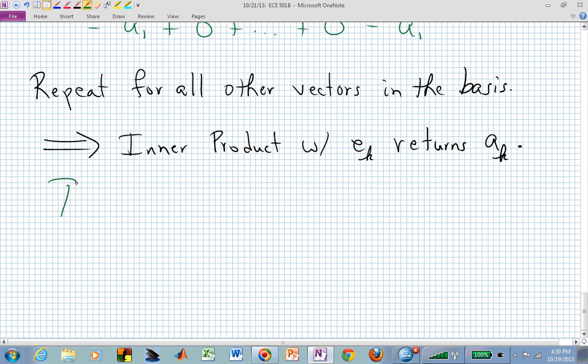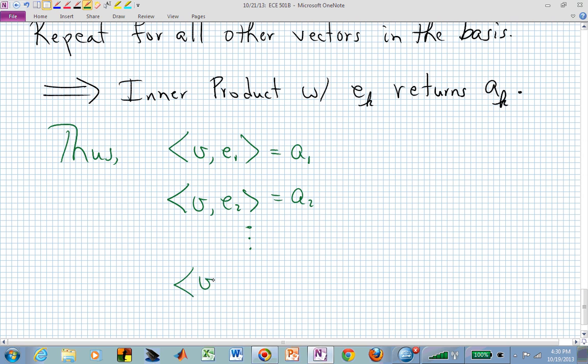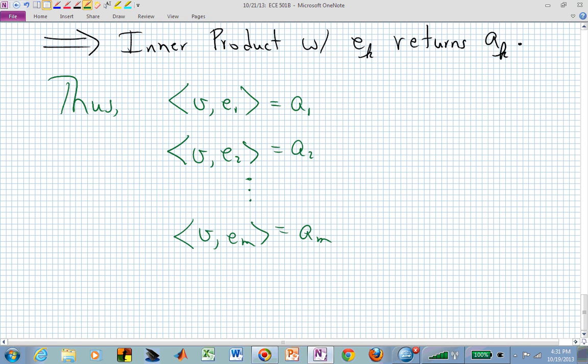So v with e1 is going to be a1, v with orthonormal vector e sub 2 is a sub 2, and that just continues down to this scalar coefficient a sub m, equaling the inner product of v with the orthonormal vector e sub m.